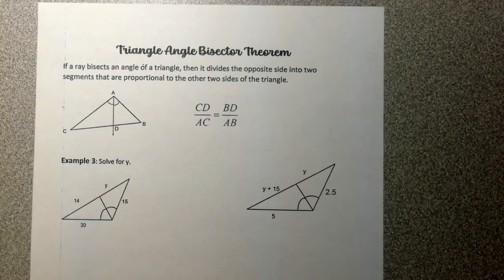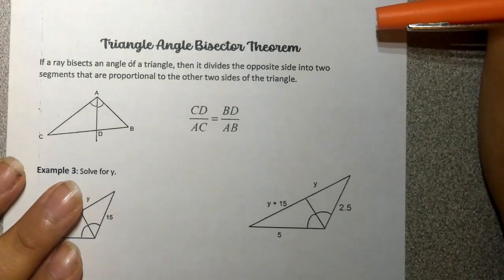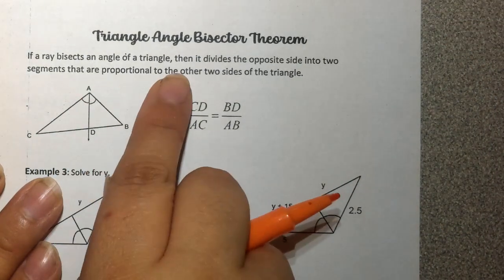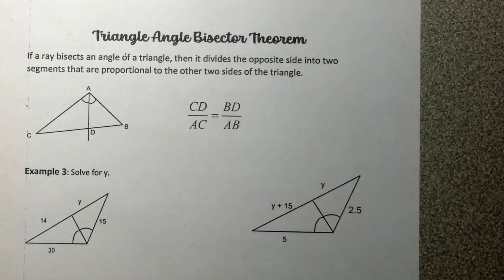Okay? So first we're going to talk about the triangle angle bisector theorem. The triangle angle bisector theorem says that if a ray bisects an angle of a triangle, then it divides the opposite sides into two segments that are proportional to the other two sides.